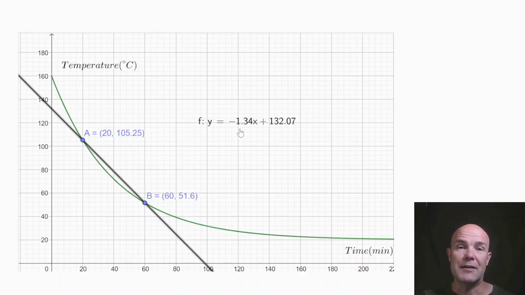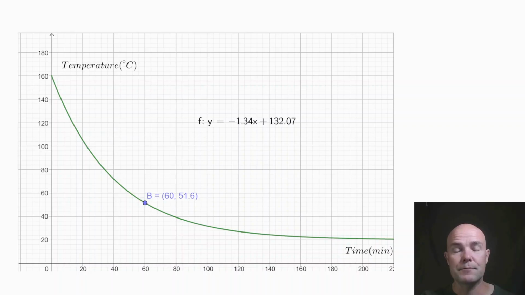Now this gradient is really important here, and that's the key, and that's where I'm heading when we are talking about differentiation. What if we are interested not in the average change of temperature, but in how fast the temperature is dropping, for example, at 60 minutes? The way we would do that is I remove this one point and the straight line, and now I have only this 1 point here.